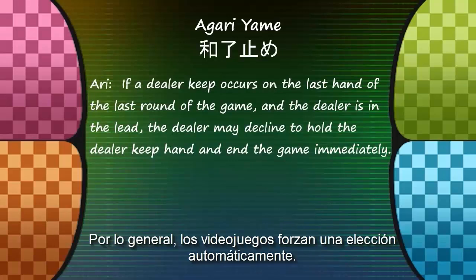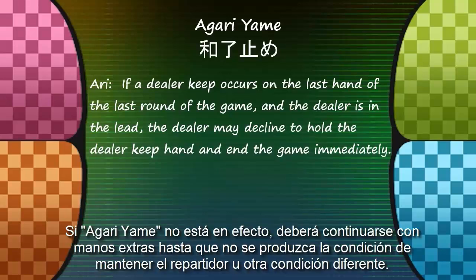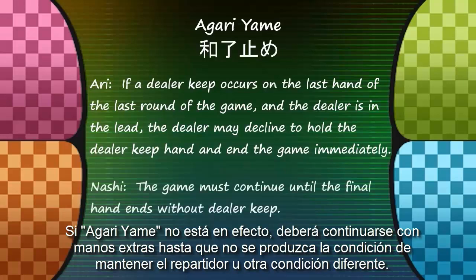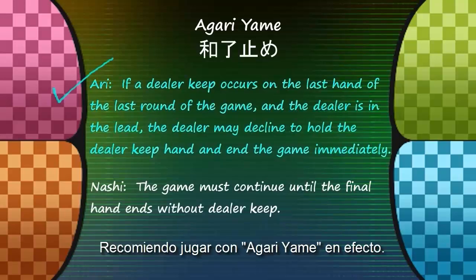Video games in particular may often enforce this decision automatically. If Agari Yame is not in effect, the last hand must be repeated until it does not end in a dealer keep, or until some other condition for the end of the game is met. I do recommend playing with Agari Yame in effect.